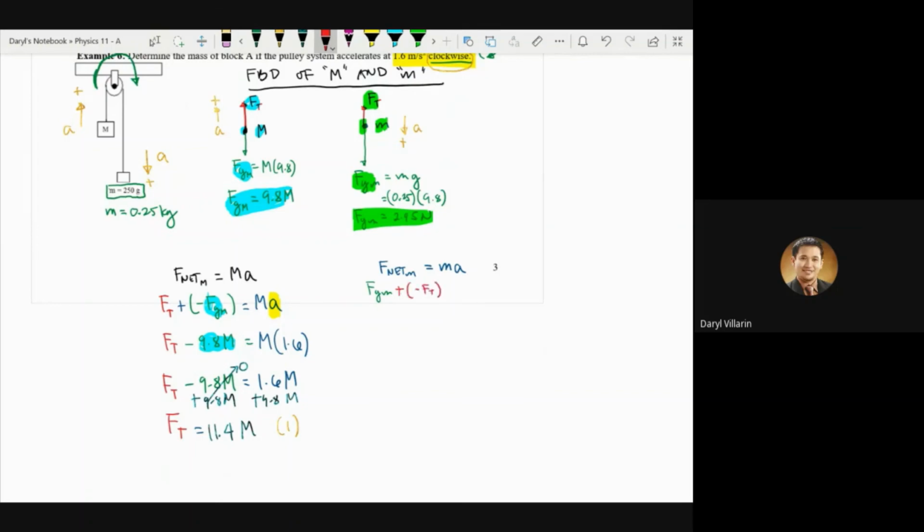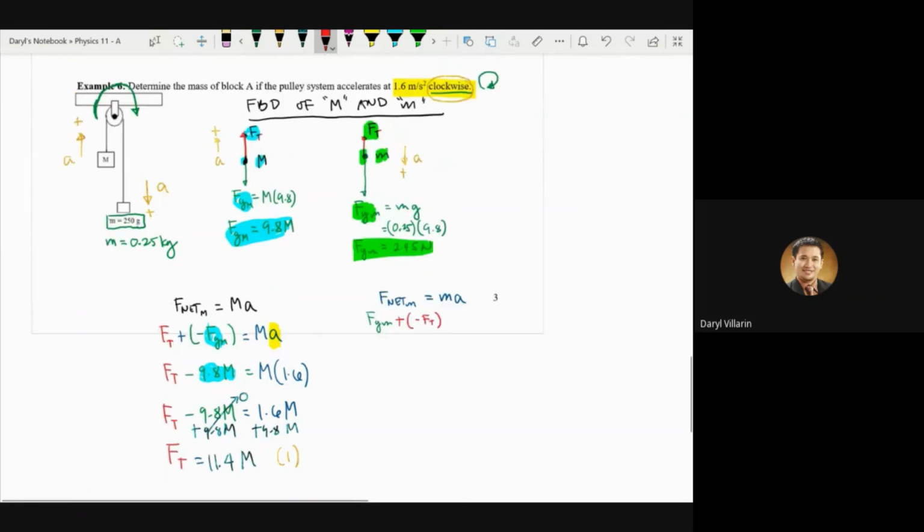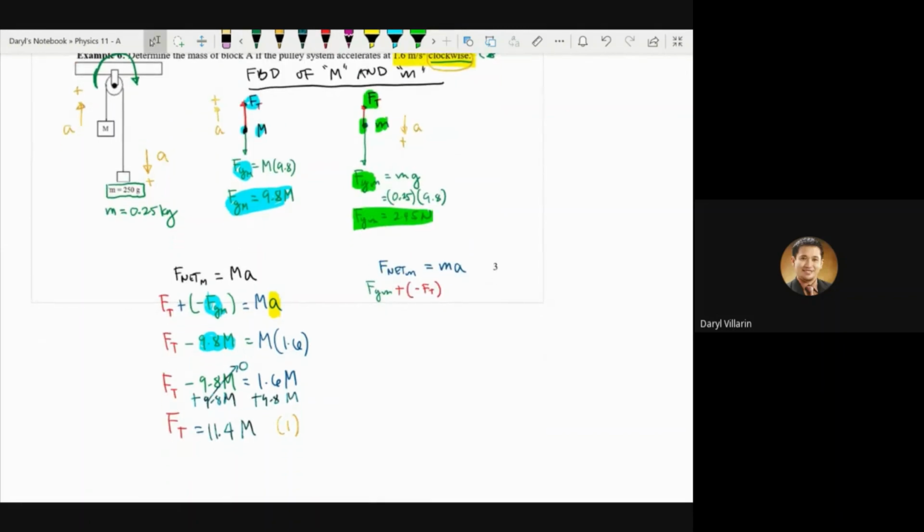Again, Ft in this case is upward, so it's in the opposite direction of the positive direction that I set. Again, it was already set in the question. The acceleration of my small m is downward, so I'm going to set that one as my positive direction. And this is equivalent to small m times a.